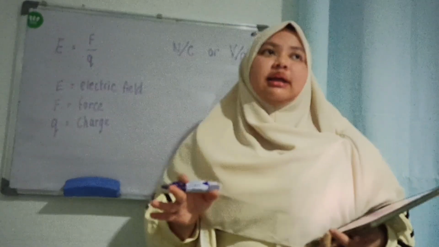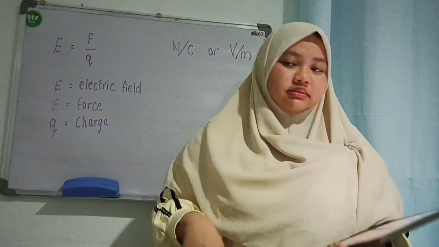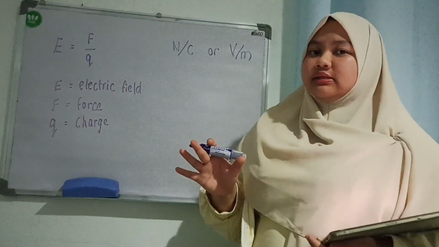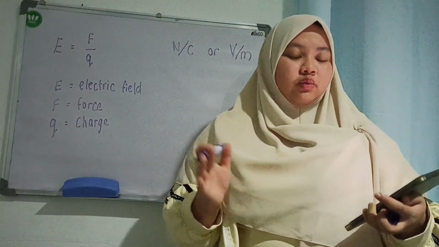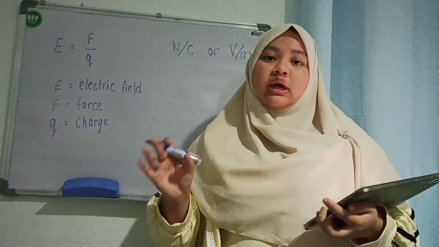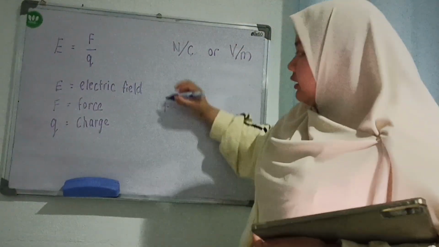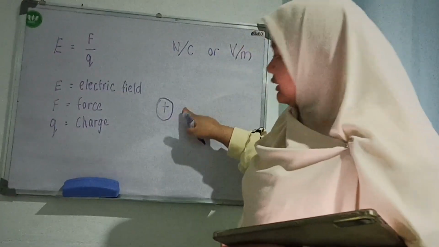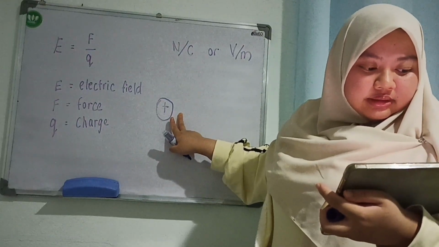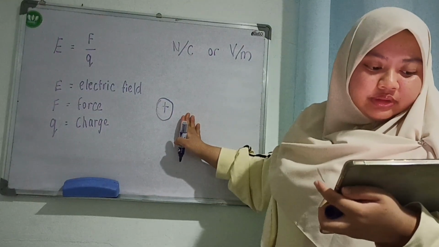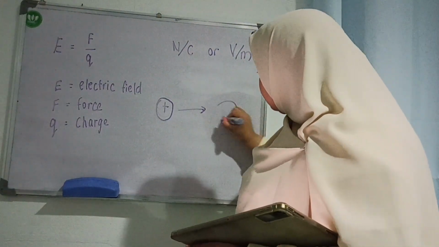So let's take a simple example of what exactly is electric field. Imagine two plates, where one is positive and one is negative. If we place a charged particle at the positive plate, it will move toward the negative plate.